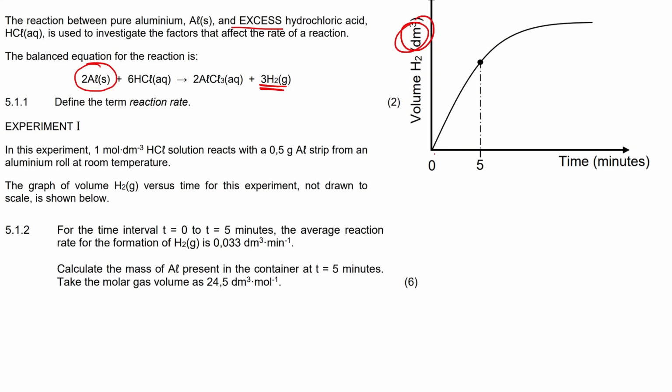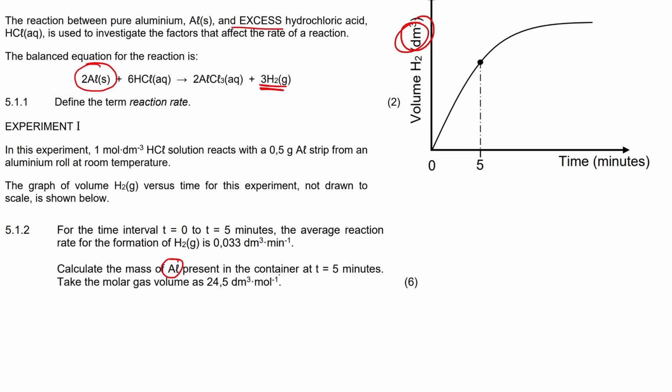So if we know that this reaction up till there is 5 minutes, then we could easily work out how much volume of hydrogen gas we've produced, because they told us that we are producing 0.033 decimeter cube, that's a volume, every minute. So if you simply multiply that by 5, you will be able to see how much we produced in 5 minutes.